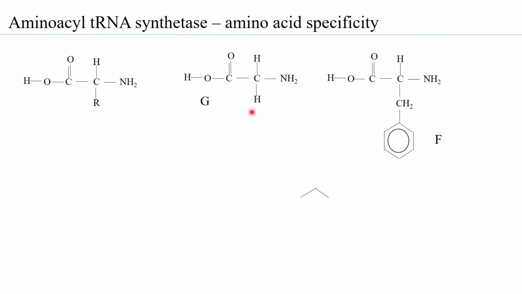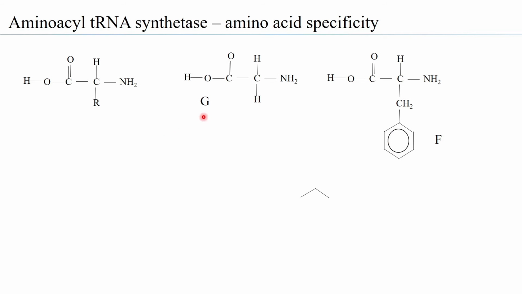Here you have hardly a bulky adduct, whereas here you have a bulky adduct. Here this is aromatic, here you don't have any aromatic. So in terms of properties also, the R group is different. Secondly, the size and the shape of the amino acid is going to vary because of the R group.